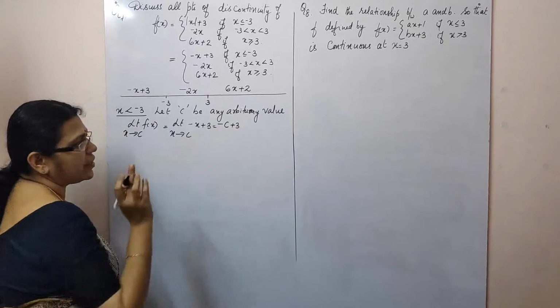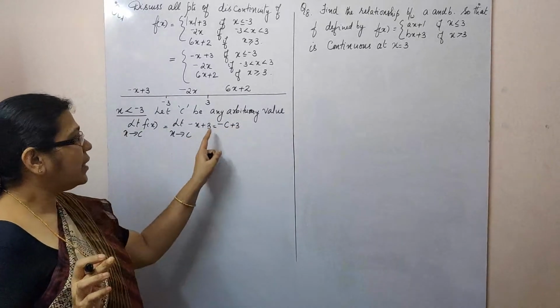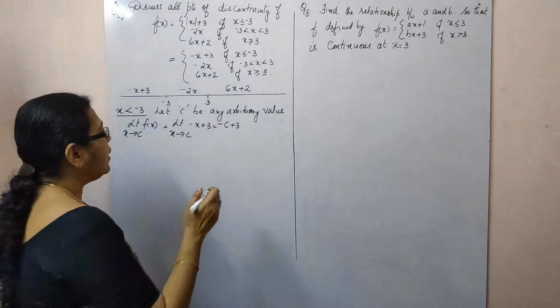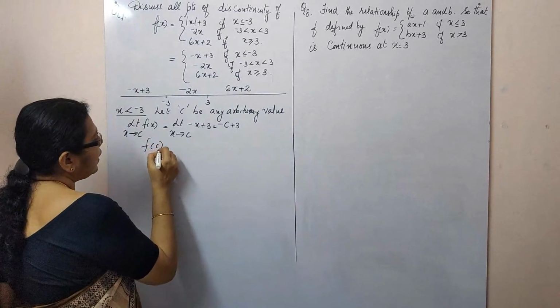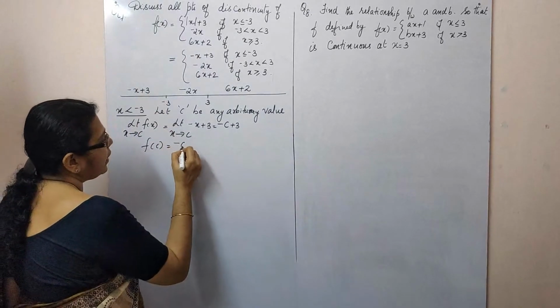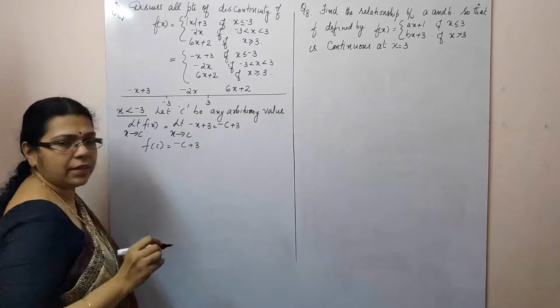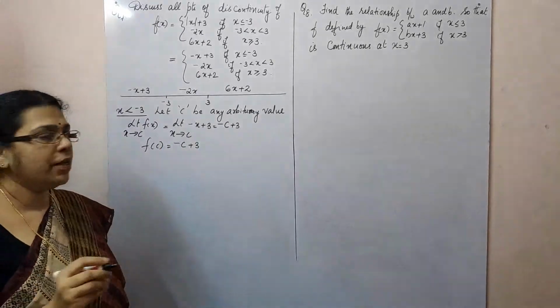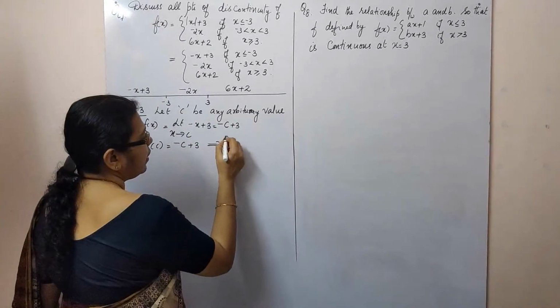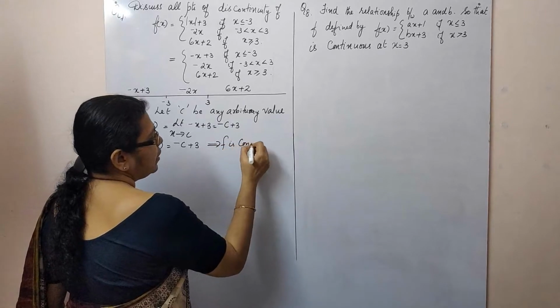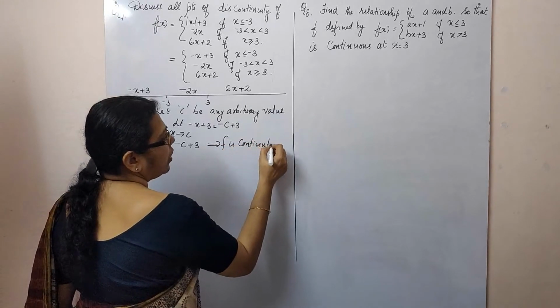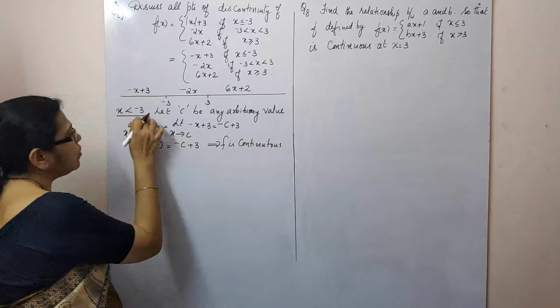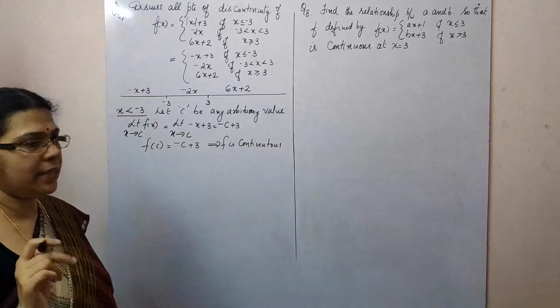As the value of x tends to c, it is minus c plus 3. Now, what is f of c? It is again minus c plus 3. This implies f is continuous for all values of x less than negative 3.